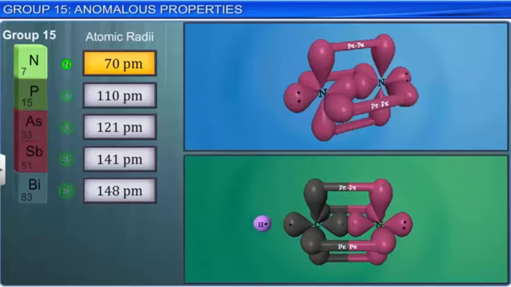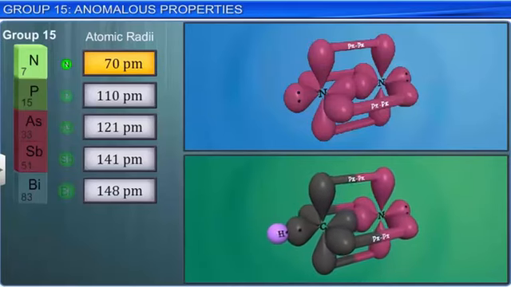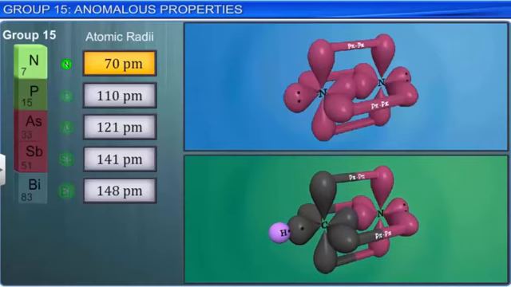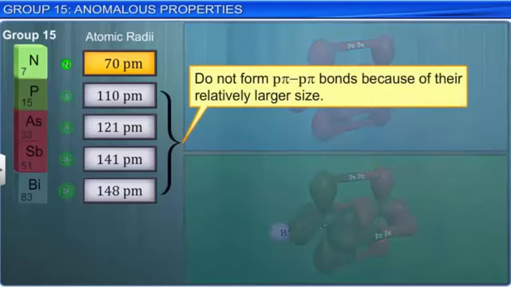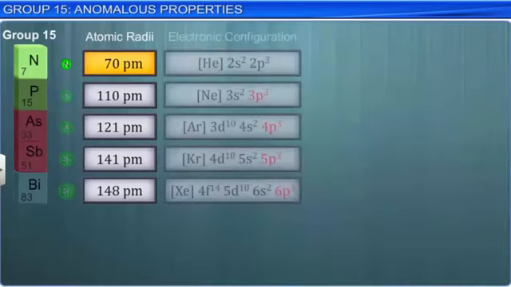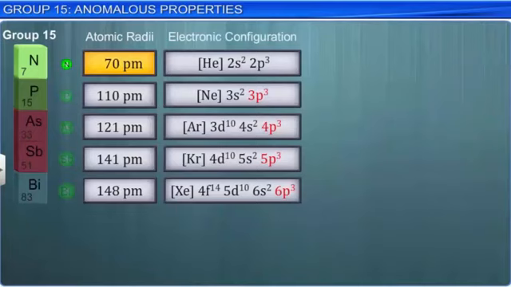The other elements do not form p-pi bonds because of their relatively larger size. In other words, the p orbitals of these elements are larger in size and, therefore, sideways overlapping will not be effective.